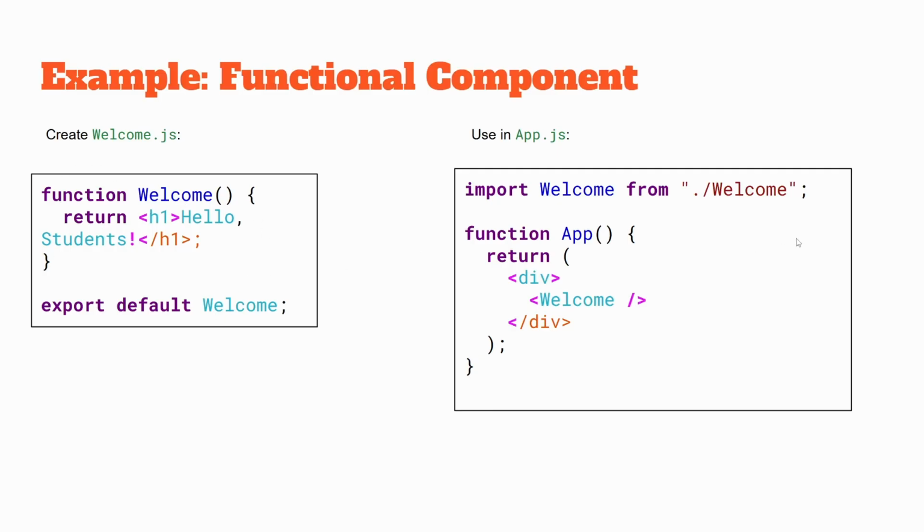When we want to add that to our app, we just put it like any other tag. We will just write Welcome, and this will add that component to our final UI. Now when we run this app, we will see hello student as the output.